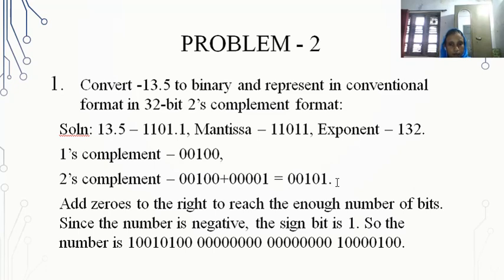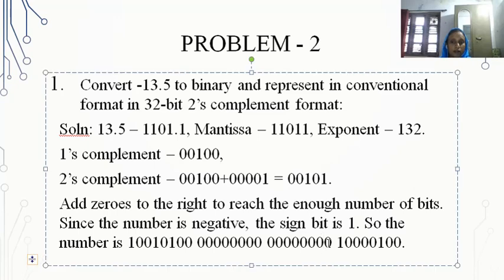Now add zeros to the right to reach enough bits: 1 reserved for the negative sign, then 0010100, and zeros put here to get enough bits, 23 bits.